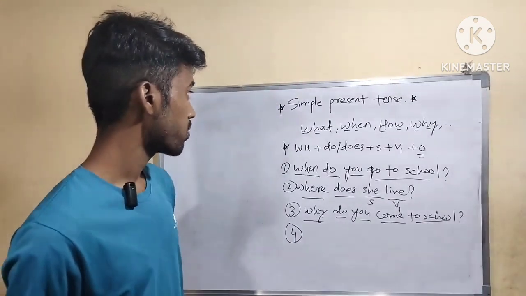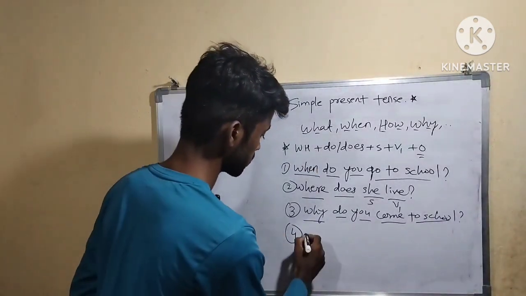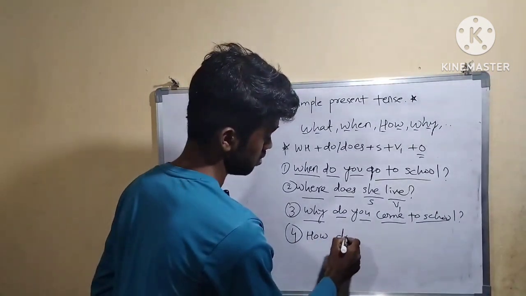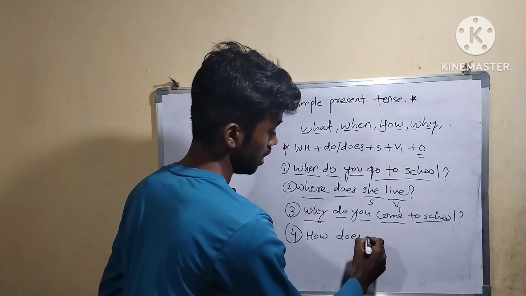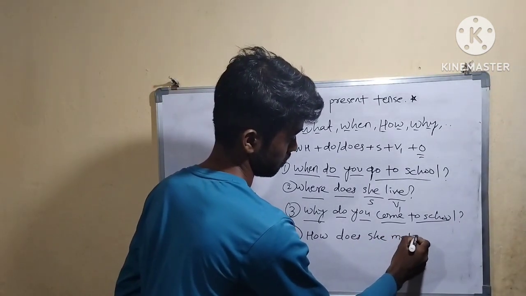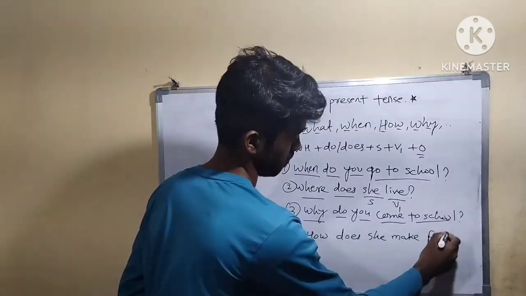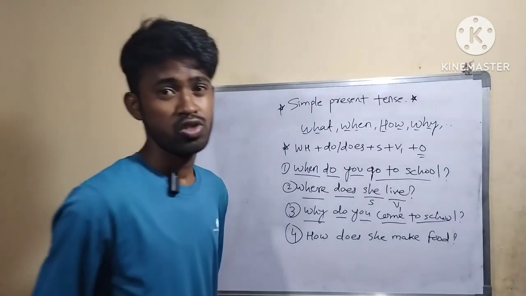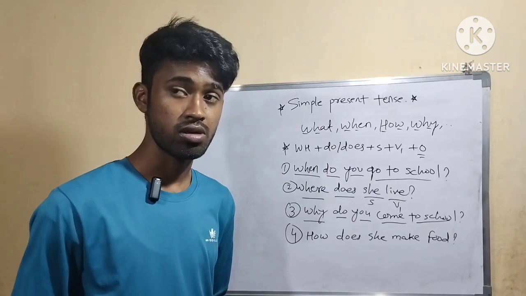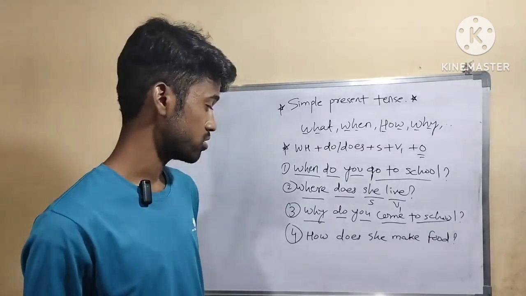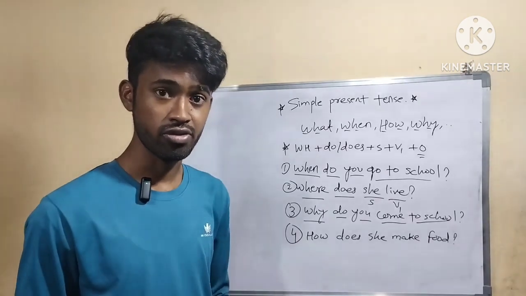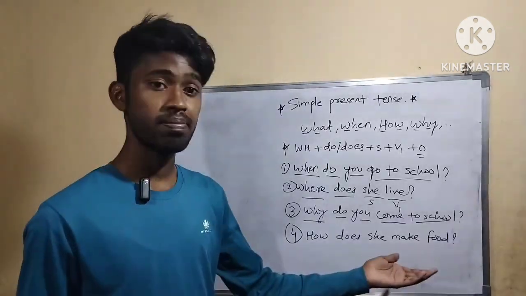So here we can use how. How does she make food? So whenever you go to see your wife for the first time, you ask the relatives, how does she make food, or you can say, how does she prepare food?